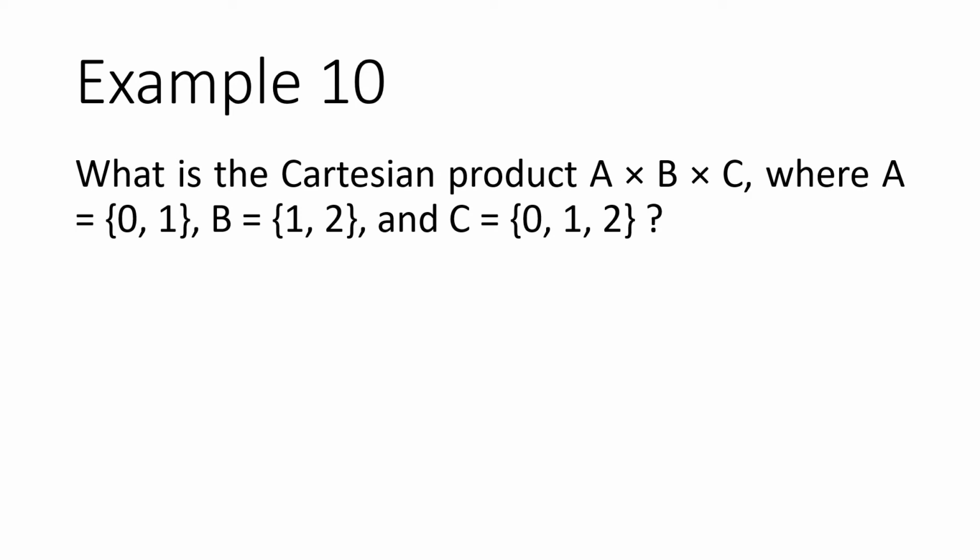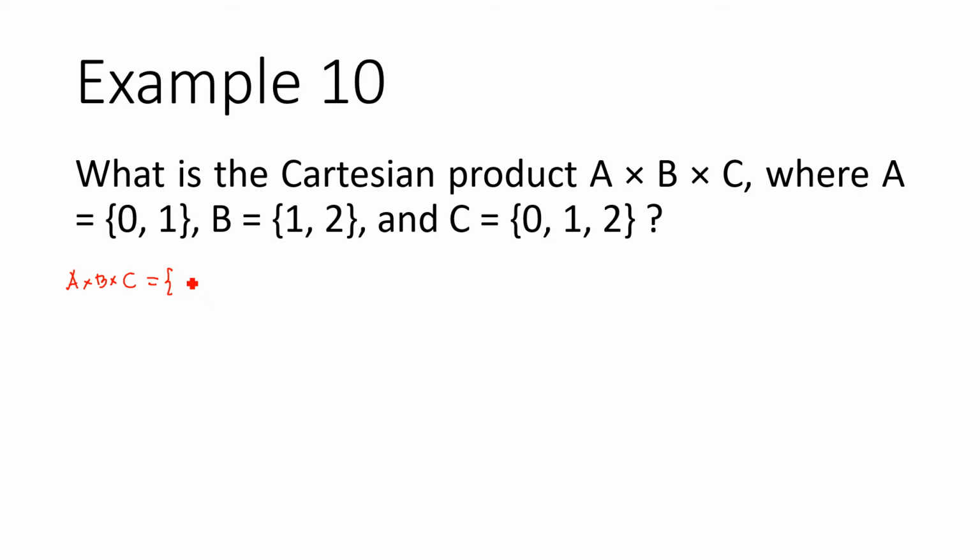In this solution, the Cartesian product of A by B by C consists of all ordered triples (a, b, c), where a is an element of set A, b is an element of set B, and c is an element of set C. So in this case, you could have triples.